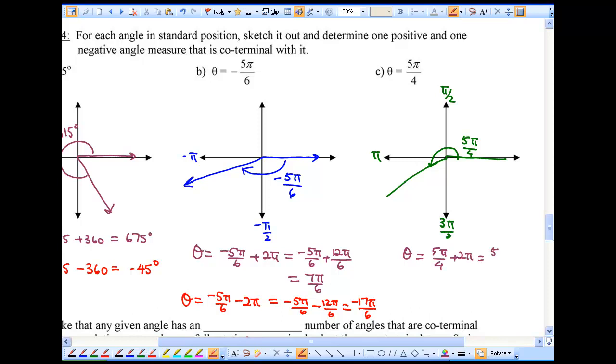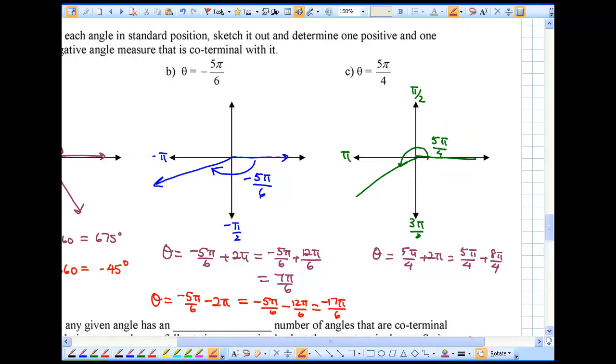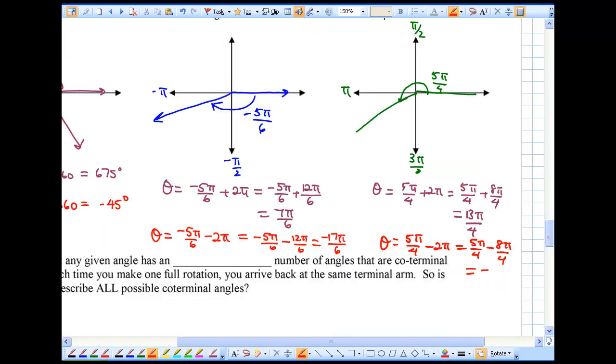This time, of course, we want the denominator of 4, so I'll use 4. And I think the other one, pretty self-explanatory. Same idea. 5 pi over 4 minus 8 pi over 4. 5 take away 8 equals negative 3 pi over 4.